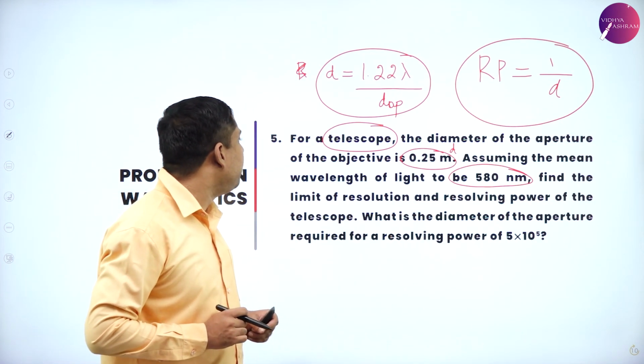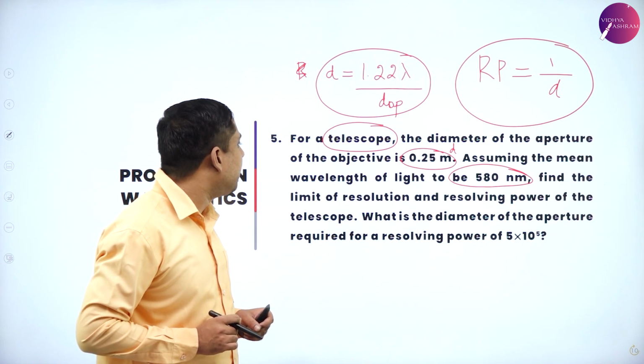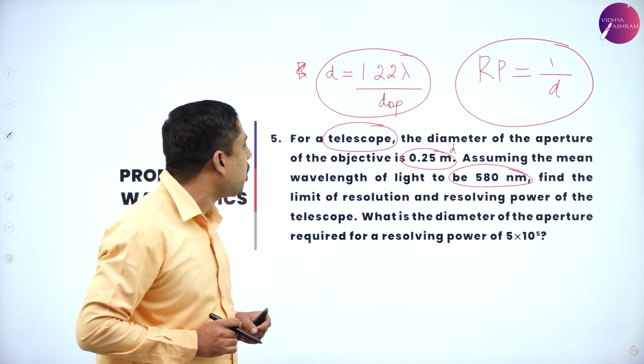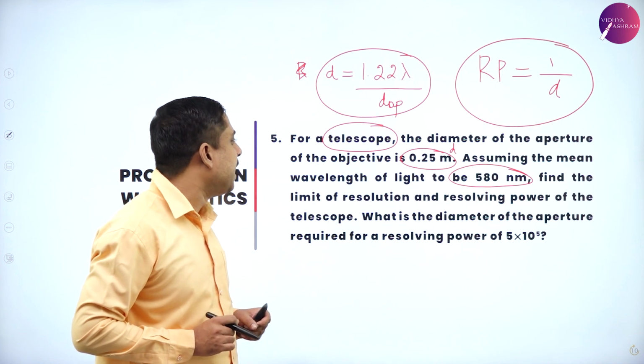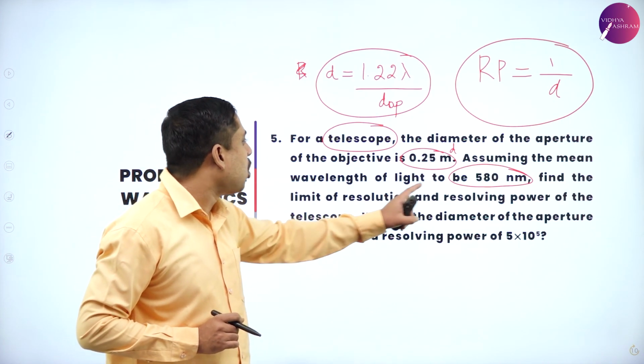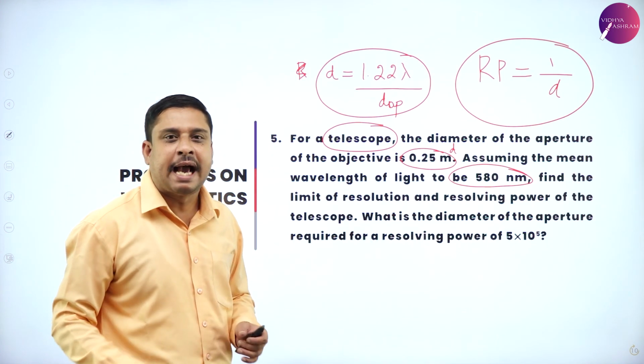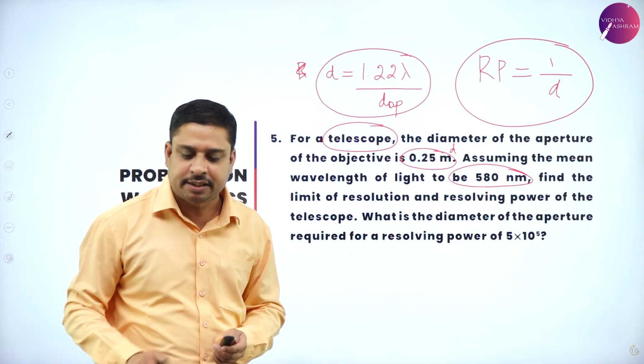What is the diameter of the aperture required for the resolving power of 5 into 10 power 5? Again, if the resolving power is 5 into 10 power 5, calculate the diameter.